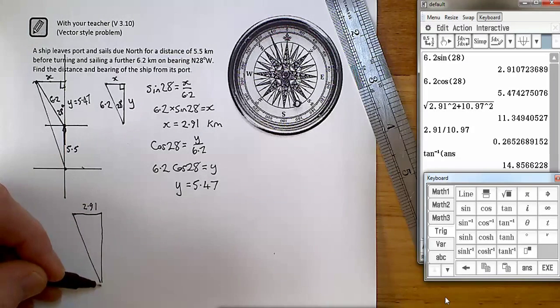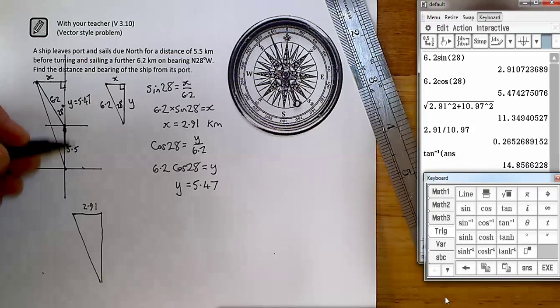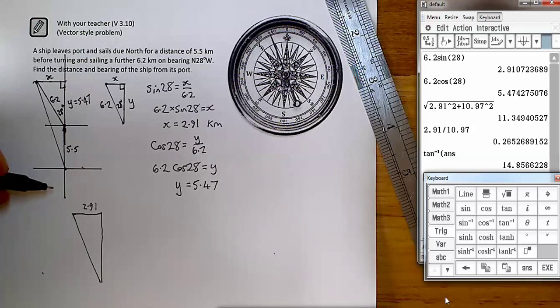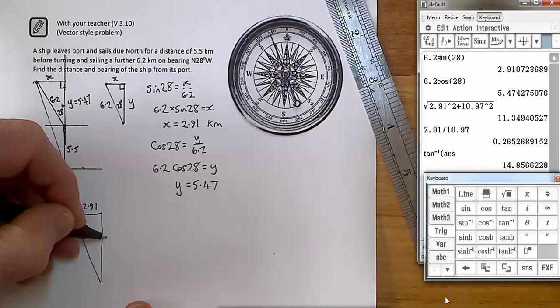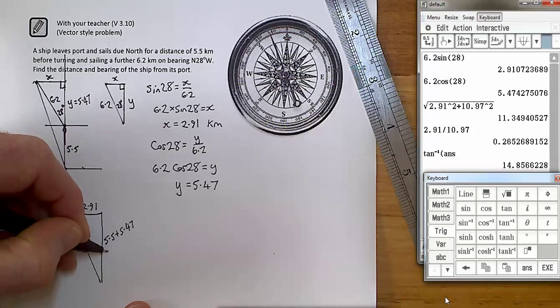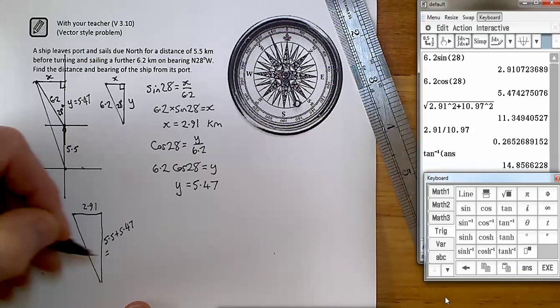And now I know the distance all the way up here is 5.5 plus 5.47. So the total distance, I might just write on here, 5.5 plus 5.47 equals a total distance all the way up there of 10.97.